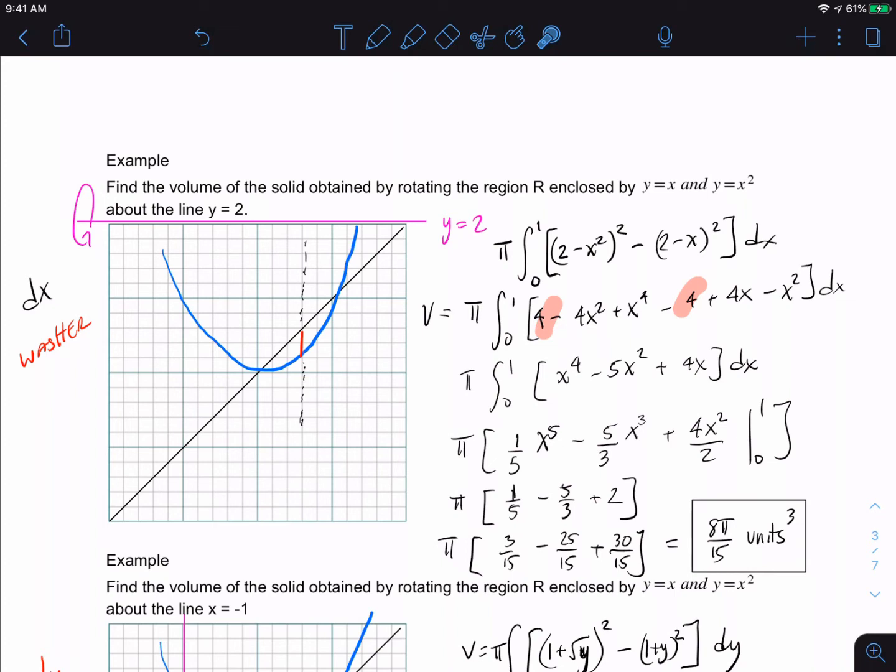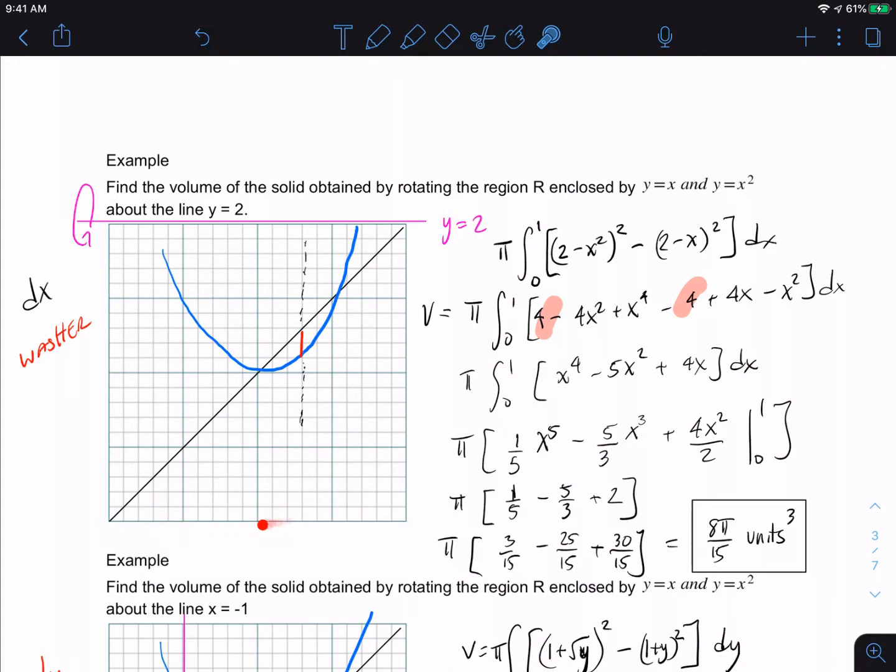Does that make sense? Yeah, because here, the distance to the x-axis would be 2, right? So it would be 2 to here, and then plus the outer function. And notice, it also changes what the outer function is.